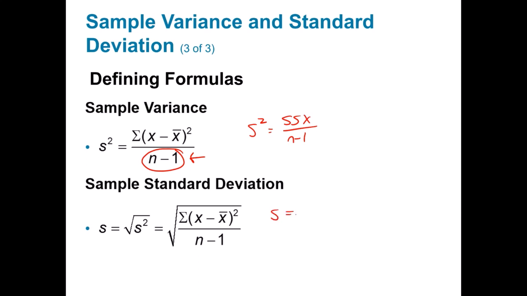Standard deviation is still the square root of variance. So literally the only difference, we calculate sum of squares the exact same way we calculated it before. Literally the only difference is what we're dividing by. So if you have a sample, you're going to divide by n minus 1 instead of n to get that variance.